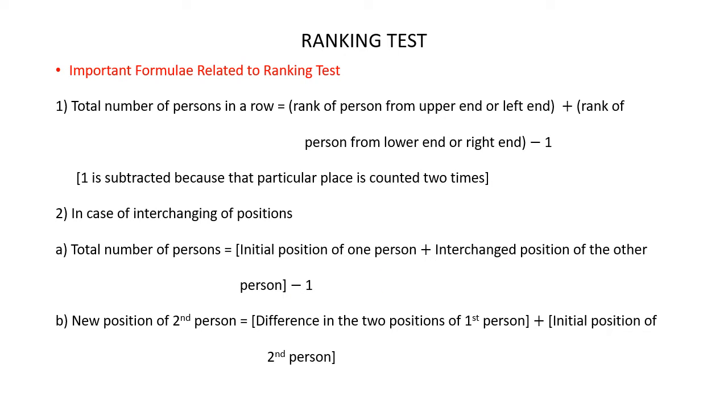New position of second person is equal to difference in the two positions of first person plus initial position of the second person. You will understand the usage of these two formulae better when we solve problems on interchanging of positions in ranking test questions later on.